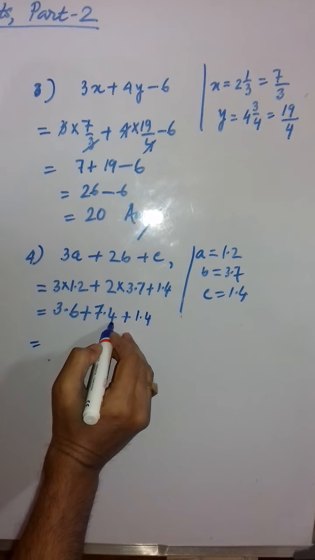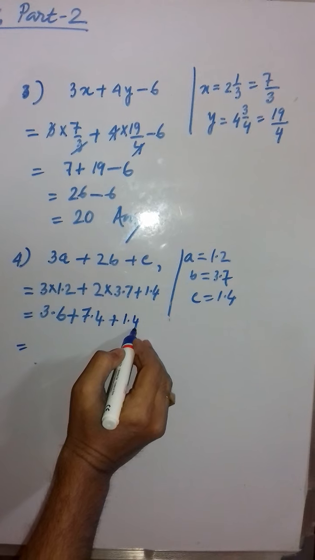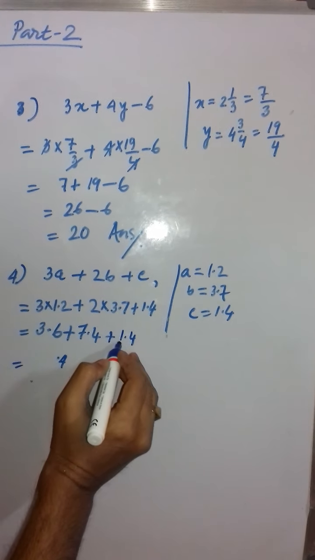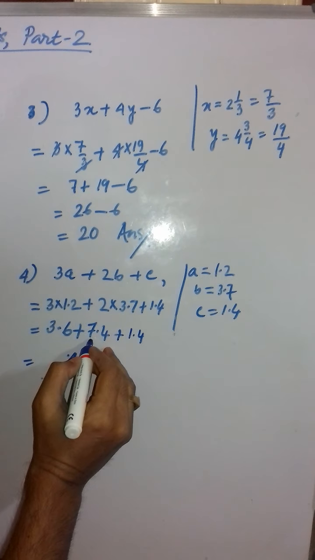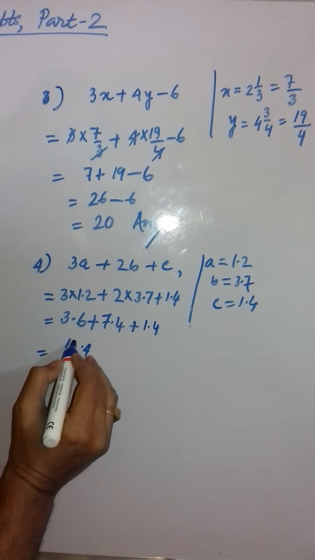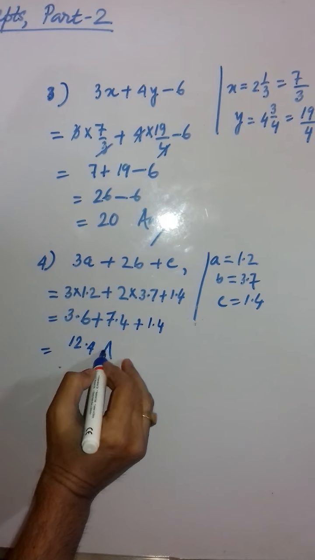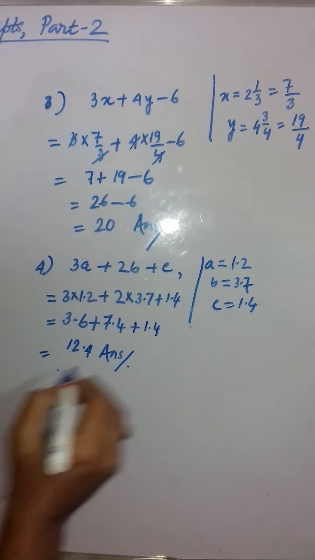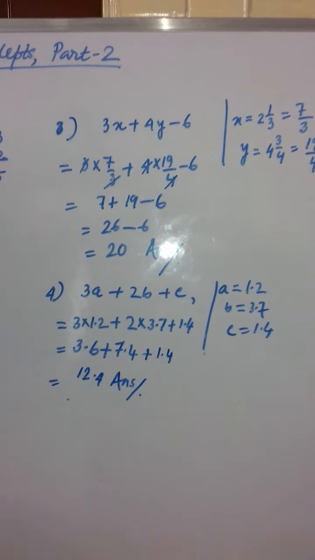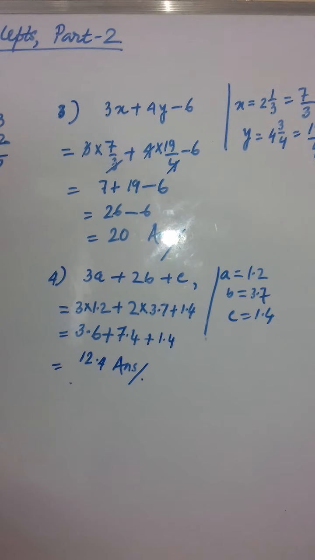Now 6 plus 4, 10, 10 plus 4, 14, 4 carried over 1, 1 plus 1, 2, 2 plus 7, 9, 9 plus 3, 12. So 12.4, here it is, the result of the fourth question.